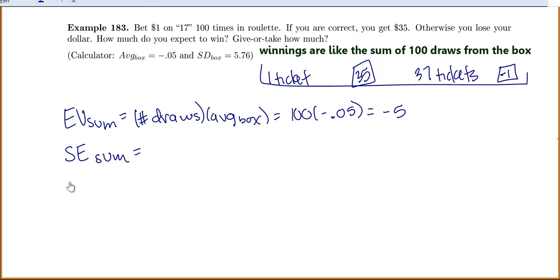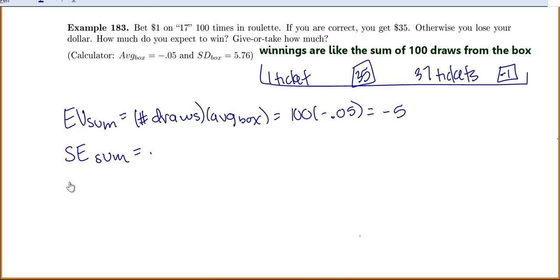Did you notice how this expected value is the same as when we just bet $1 on red? So the casino must have balanced this with their odds. That's how they decided that you should get the $35, keeping the amount that you'd win about the same. But our standard deviation is different.